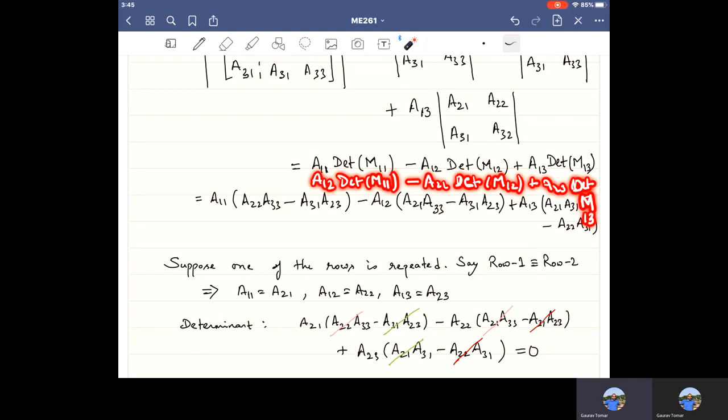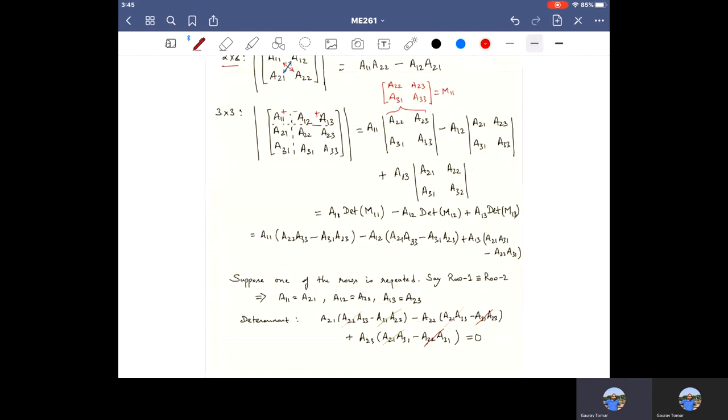Now this entire thing is as if you've computed the determinant of a matrix where you repeat one of the rows. Instead of A11, A12, A13, you're now writing A21, A22, and A23. The minors were defined the same way, so there is no change in the remaining part of the matrix.